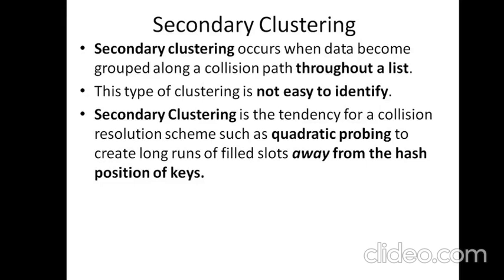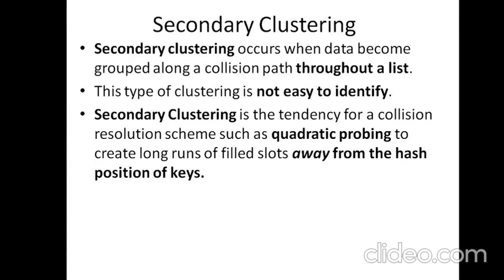When an element needs to be located, and it is not found at its original hash function address, then it has to be searched across the list, because it can even be stored at the end of the list. Whereas in the primary clustering situation, the value is immediately found in some adjacent address. We need not go far away to find it, but that is needed in secondary clustering.